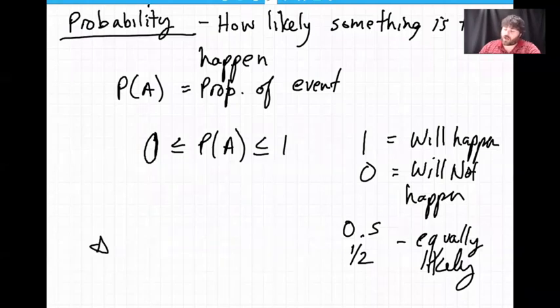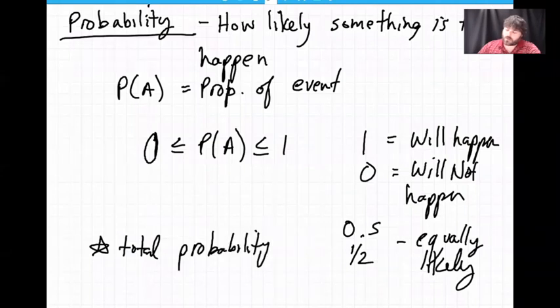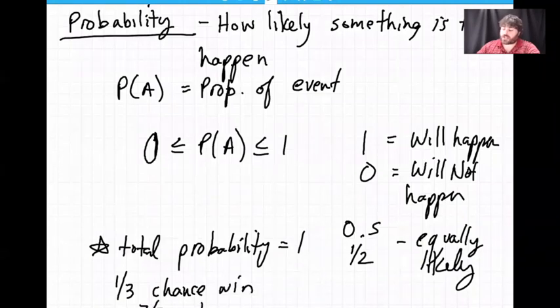One thing you have to know is that total probability equals 1. Which means if there's a 50% chance I'm going to win something, there's a 50% chance I'm going to lose. So in probability, what that means is, let's say there's a 1/3 chance of winning some kind of drawing. That means that there has to be a 2/3 chance of losing. Okay, those probabilities have to add up to 1.